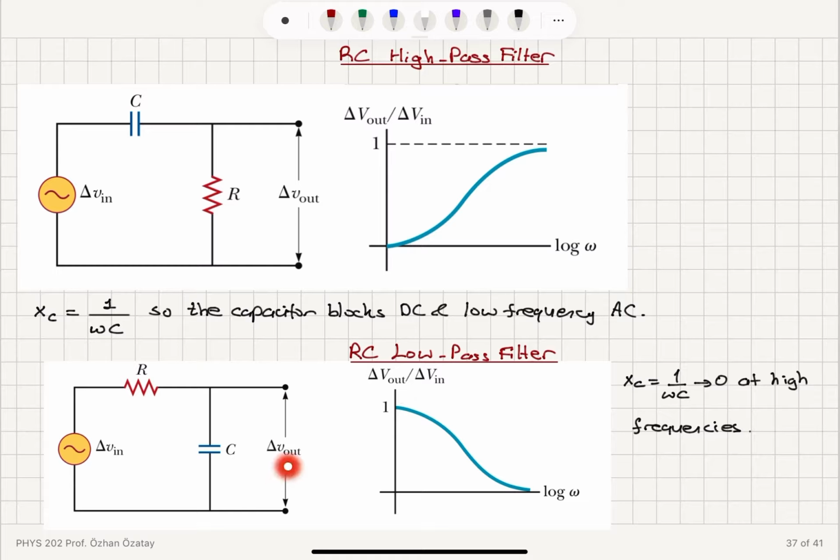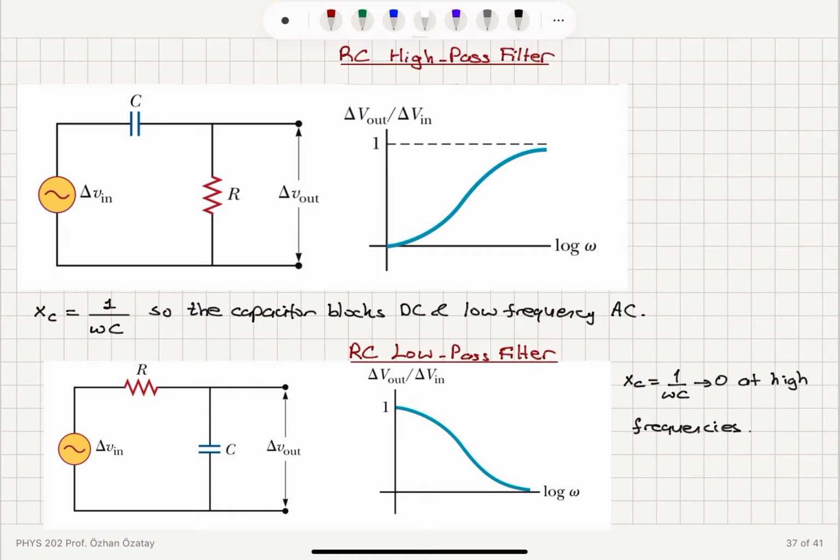If we look at the voltage across the capacitor, so the AC source is connected to the resistor and the output voltage appears across the capacitor, they're still connected in series. Now this time at low frequencies, the capacitor acts like an open, so the input voltage of the AC source will appear directly as the output voltage.